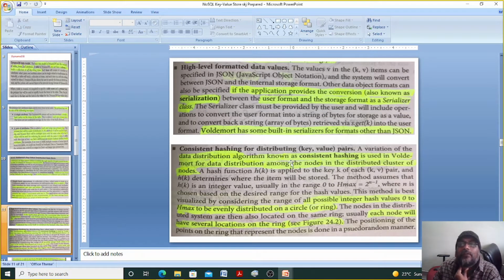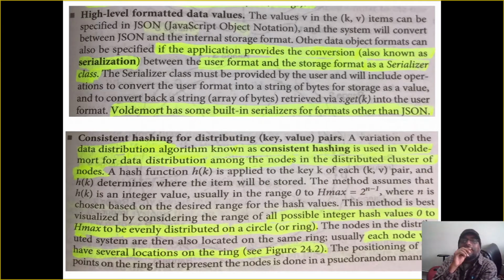Consistent hashing for distributing key value pairs. A variation of data distribution algorithm known as consistent hashing is used in Voldemort for data distribution among the nodes in the distributed cluster of nodes.